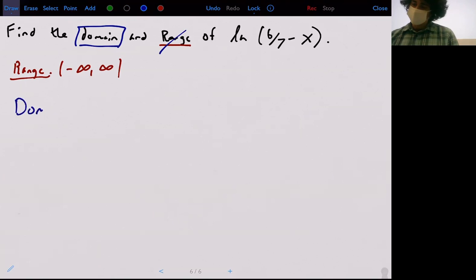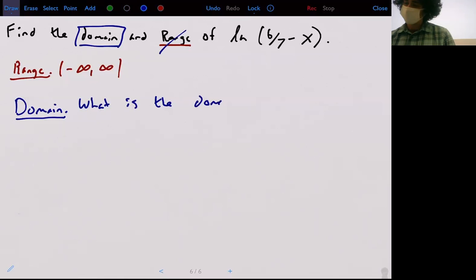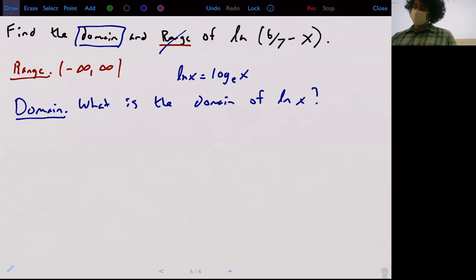So to find the domain, we really need to go ahead and recall the following fact. What is the domain of the natural log of x? And so remember the definition of the natural log is that this is just the log base e of x. So if we want to find the domain of the natural log of x, we've already seen this slightly earlier.